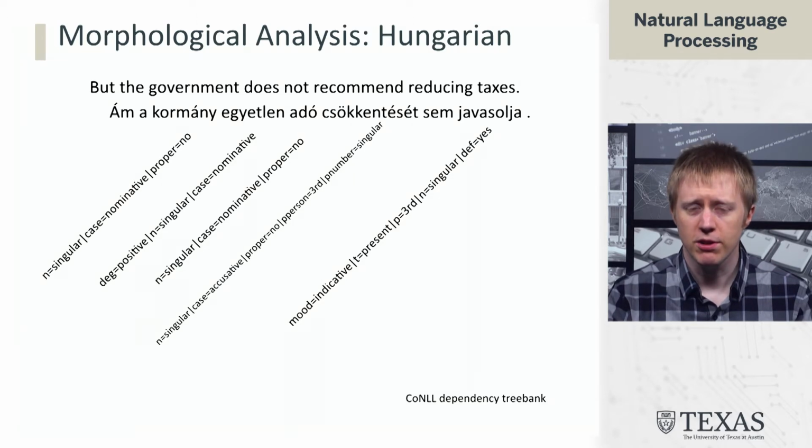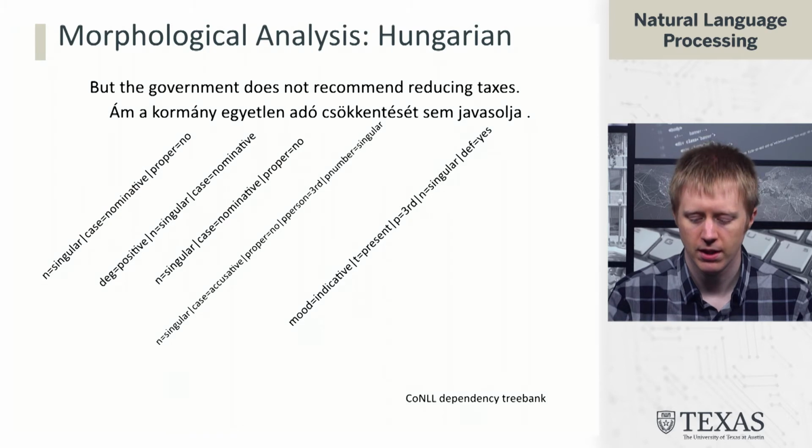And so we can go through and tag each of these words with corresponding features based on what part of speech it is. This gives us a lot more information about what's going on in the sentence, particularly if we haven't seen some of these words before.